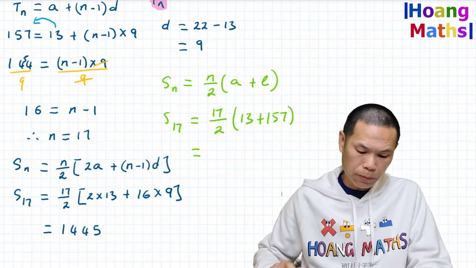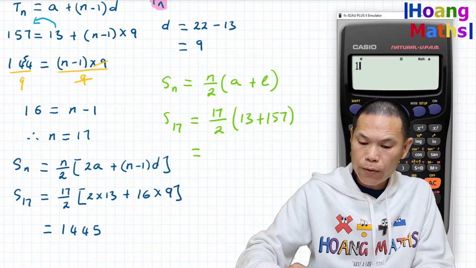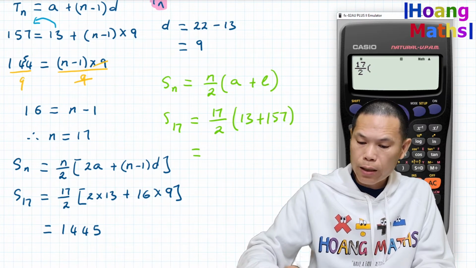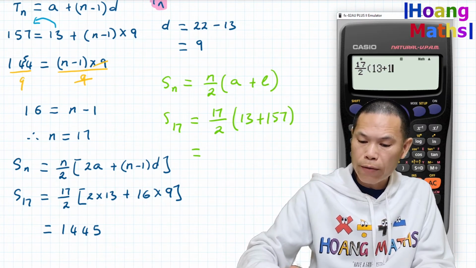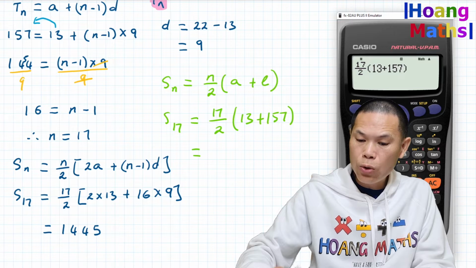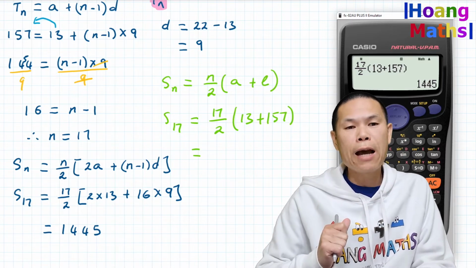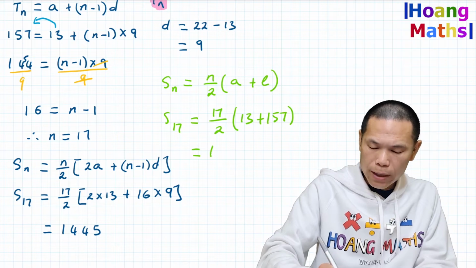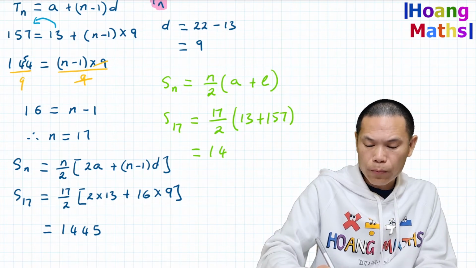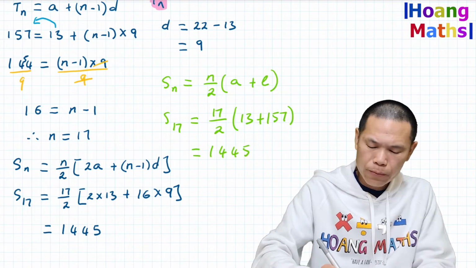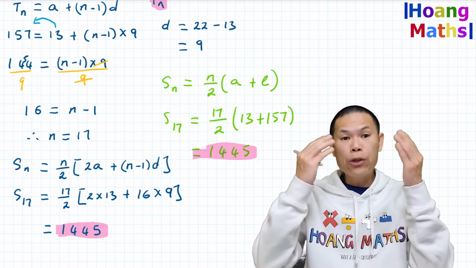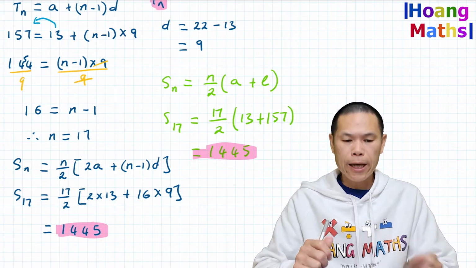So let's check it out. So just go 17 over 2 and bracket 13 plus 157, equals 1,445. So you can see we have the same answer here. So therefore, you can use whichever formula you like, okay?